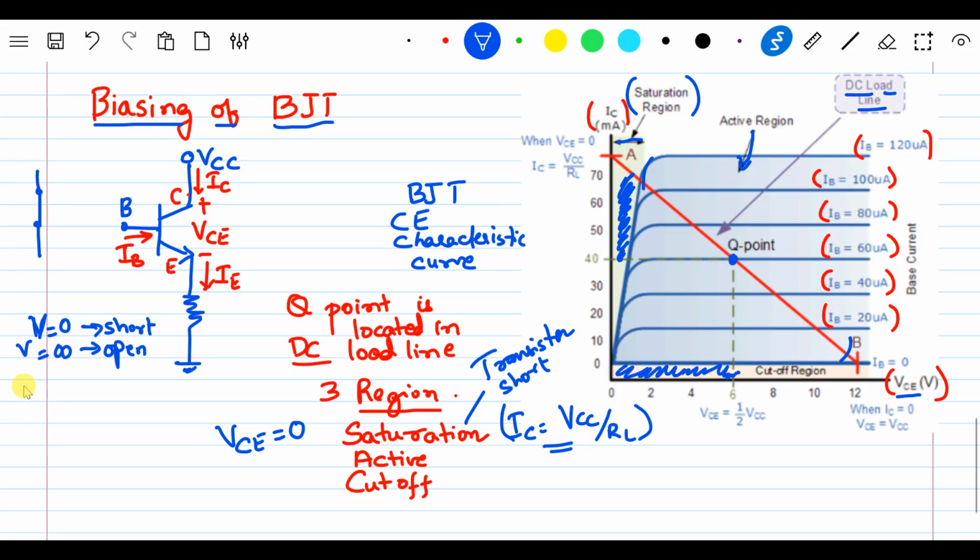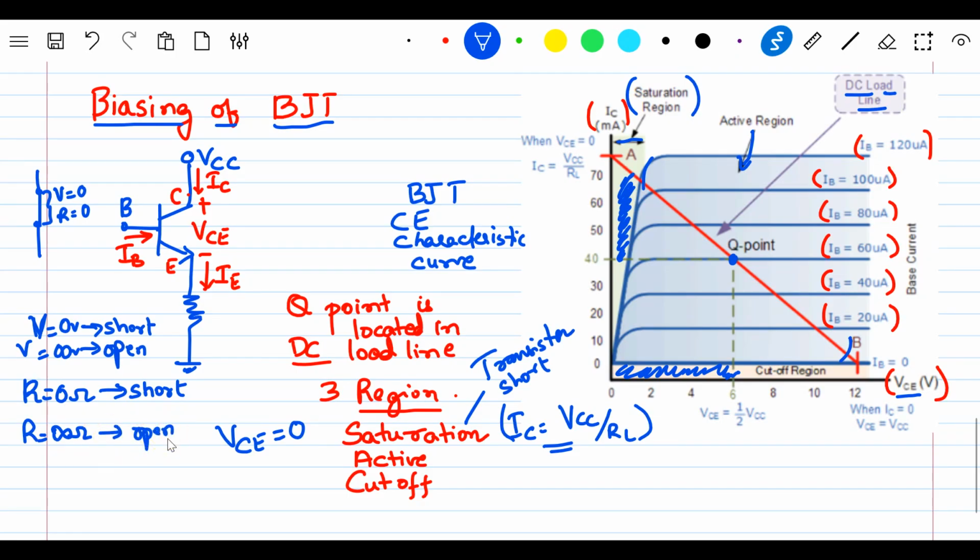Similarly, if I go with resistance or impedance, when resistance is 0 ohms, we normally consider such cases as a short circuit. As this is short, the voltage across it is 0, and the resistance or impedance measured across that short circuit is also 0. When I say infinite ohms, then this is considered to be open.